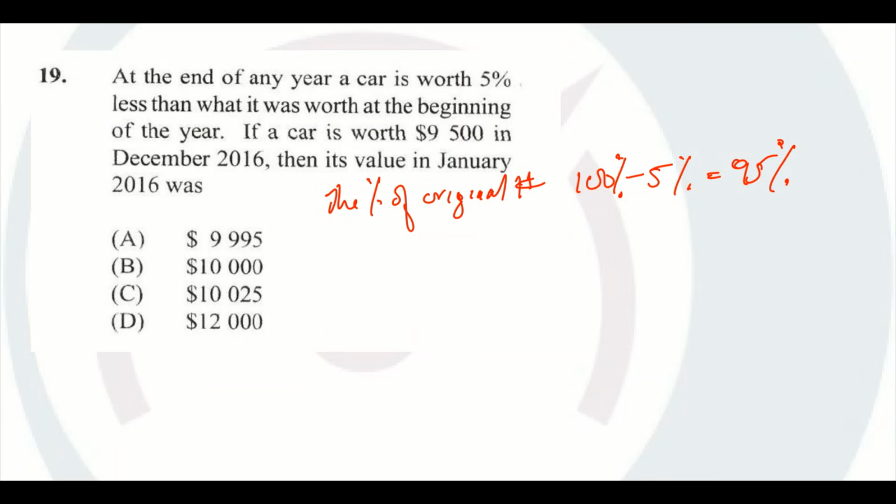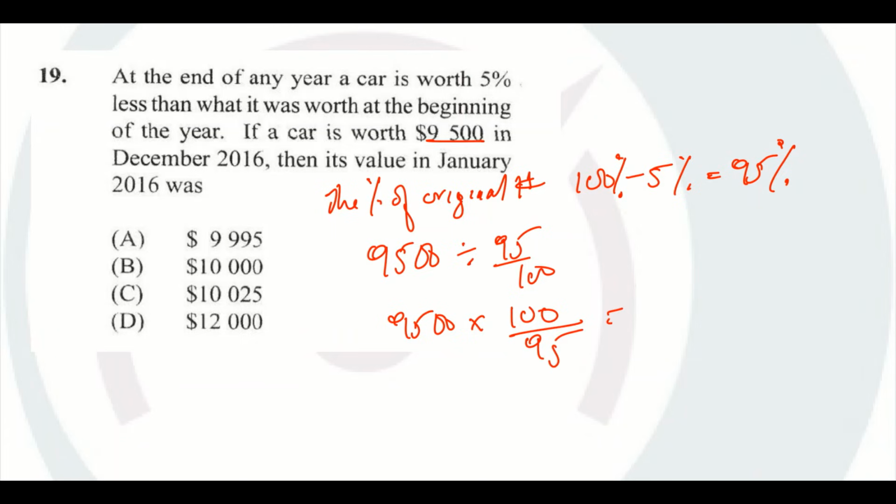Now, next thing we need to do is to divide the 9,500. So 9,500 divided by 95%, which is 9,500 multiplied by the reciprocal, which is 100 over 95. We can simplify. 95 into itself 1. 95 into 9,500 goes 100 times. 100 times 100, that gives us 10,000.